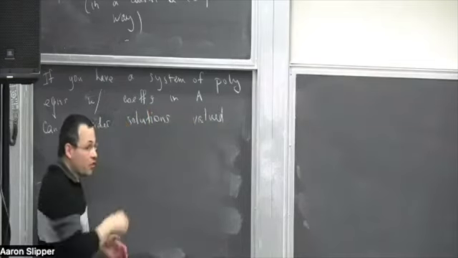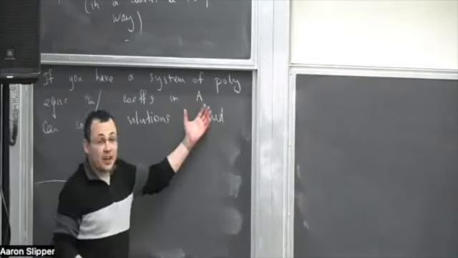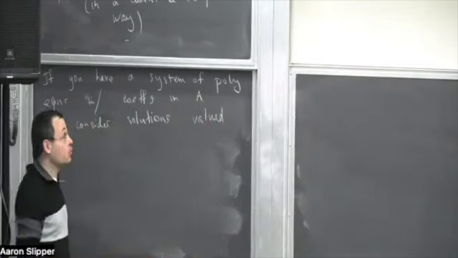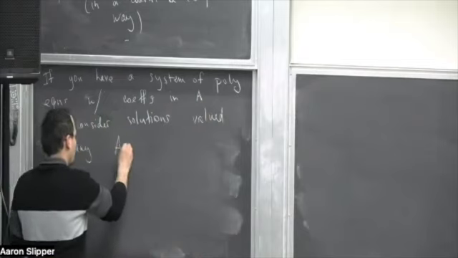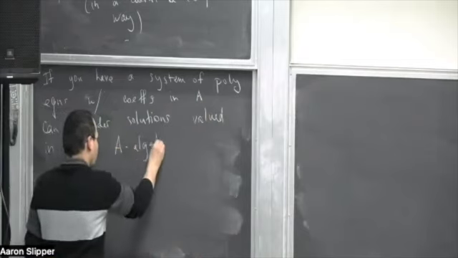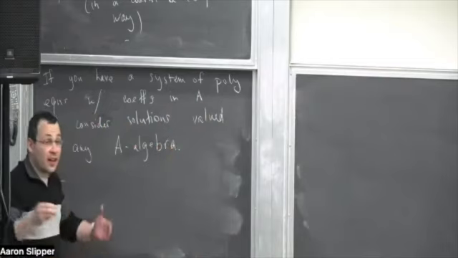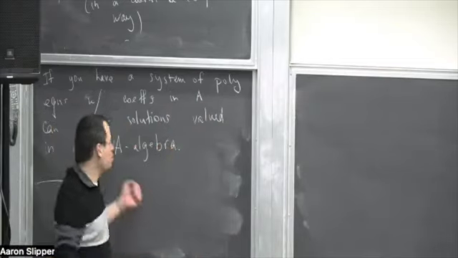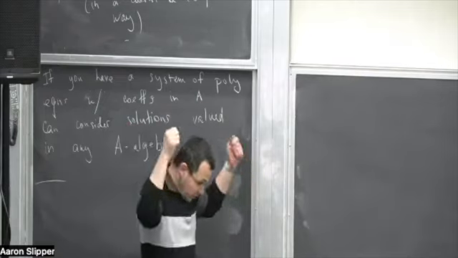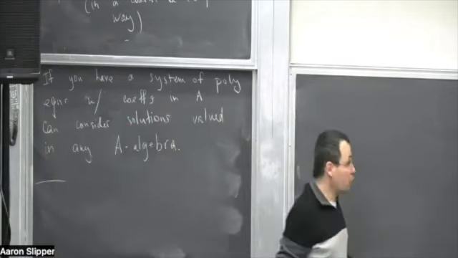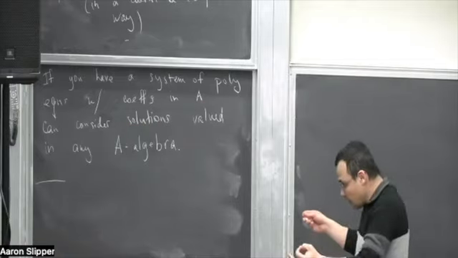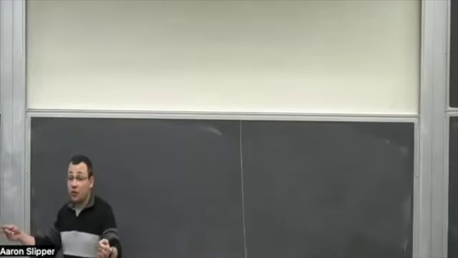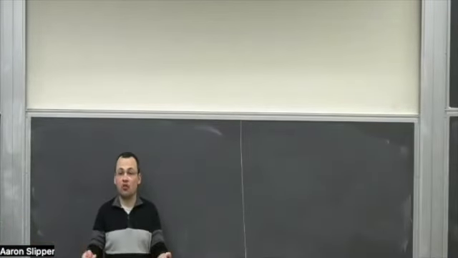So you can solve it not just in A, but in any A-algebra. If you have any A-algebra, it makes sense to ask whether you have some elements of it that solve your system of equations. Moreover, if you have a map of A-algebras, then solutions map to solutions.